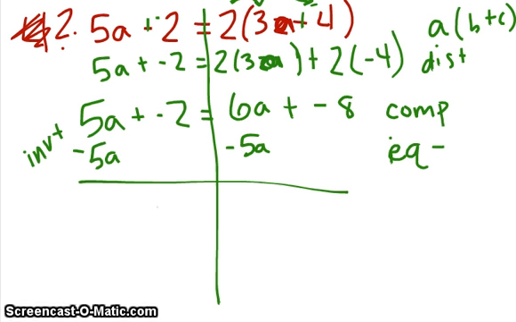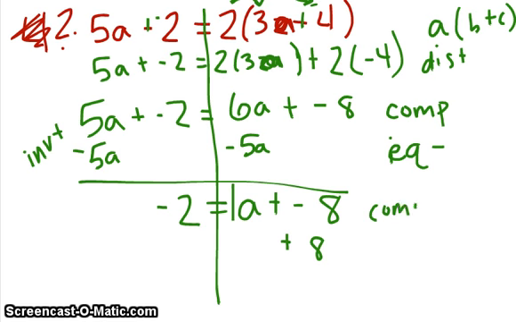Alright, so I end up with negative 2 equals 1a plus negative 8. Now it's a two-step equation. I want to get rid of my adding negative 8. So in order to get rid of adding a negative 8, oh, that's my compute. I add a positive 8. That's my inverse of addition. I add a positive 8 to the other side.